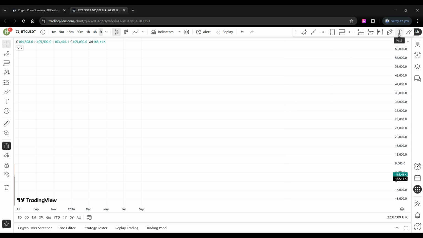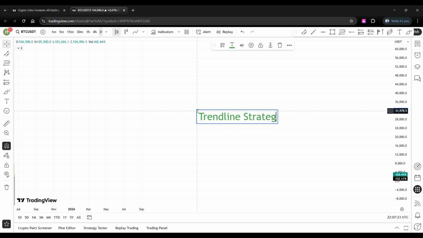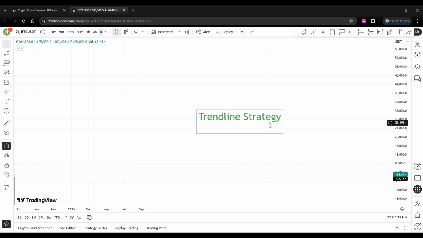Our strategy is the most common strategy, that is the trendline strategy. But this strategy is not like others because we never take an entry from a trendline breakout or continuation.